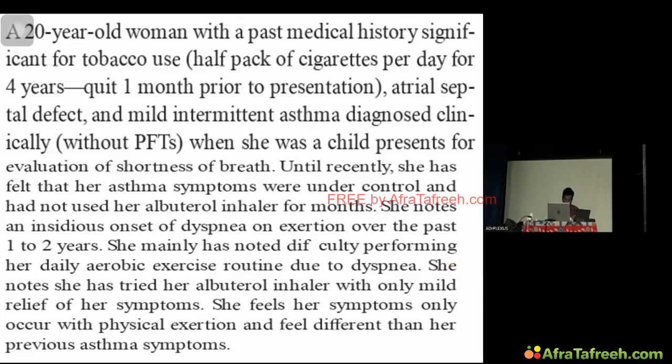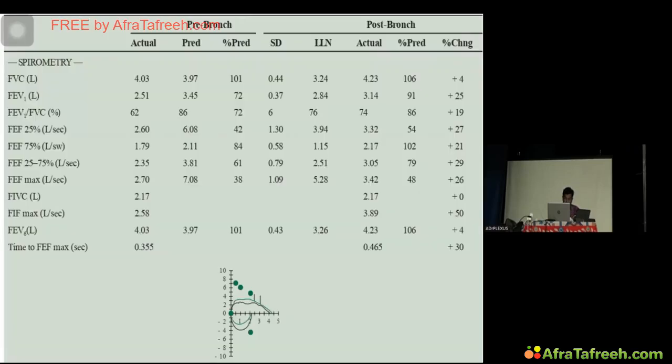She notes an insidious onset of dyspnea on exertion over the past 1-2 years. She mainly has noted difficulty in performing daily aerobic exercise due to dyspnea. She tried her salbutamol inhaler with only mild relief. She feels her symptoms only occur during physical exertion and feel different than her previous asthma symptoms.